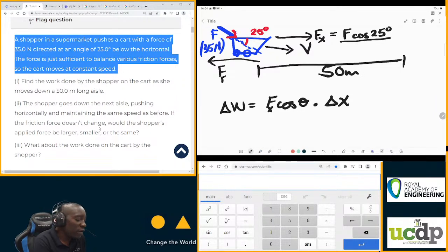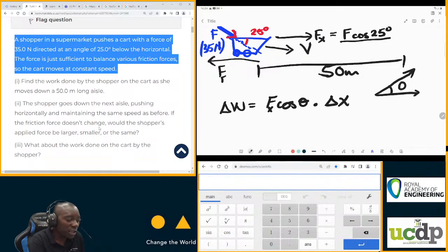Why cos 25? If the vector and the component that you are mentioning subtend an angle between them, then that component is a cos theta component. So we have a vector v, and we want a component in this direction of that vector.